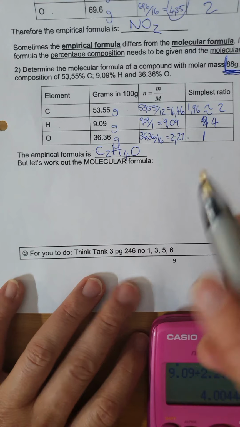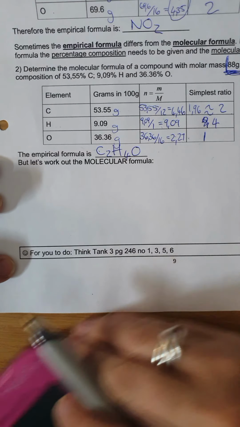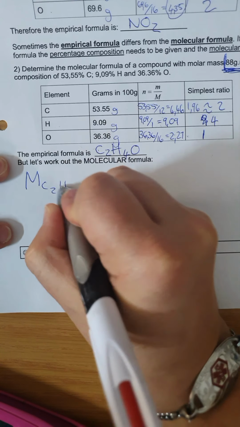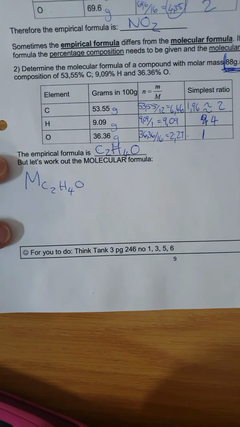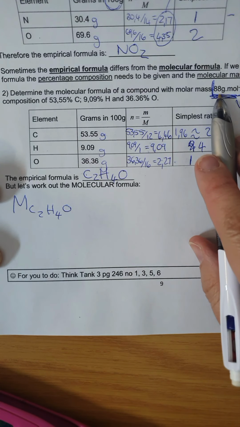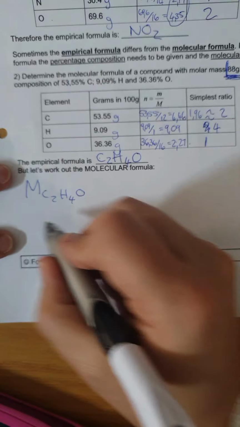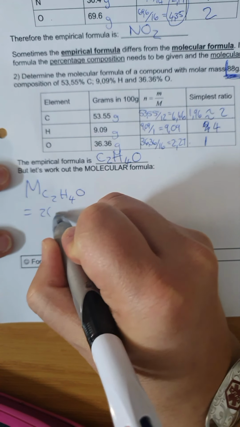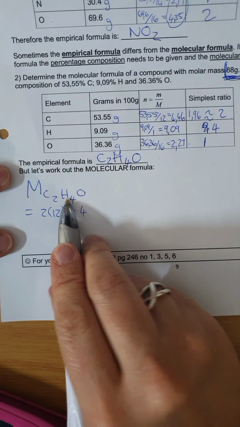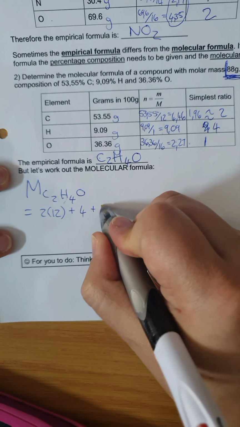So now I need to see if this is the same as the molecular formula. If I work out the molar mass of what I've just got, and it is the molecular formula, then it should equal 88. So let's work it out. I've got 2 times 12 plus 4, because we've got 4 hydrogens at 1 each, plus 16.